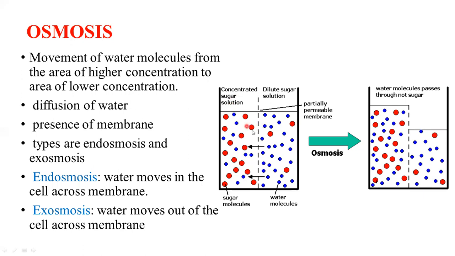In a steeper concentration gradient, the movement of water from an area of higher concentration to lower concentration is faster. And when the movement of water is through a permeable membrane, this is osmosis.